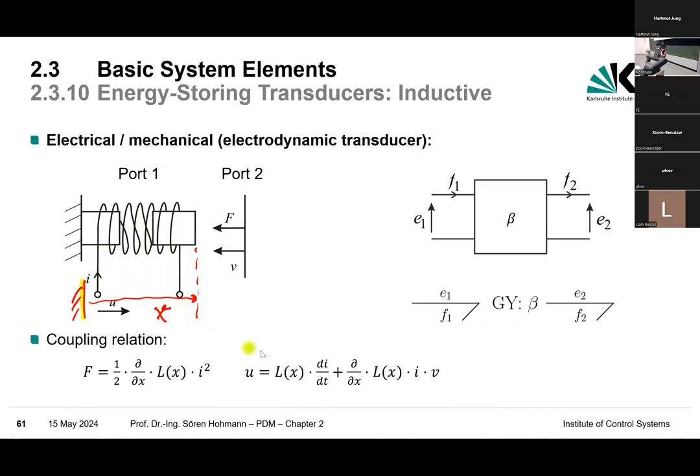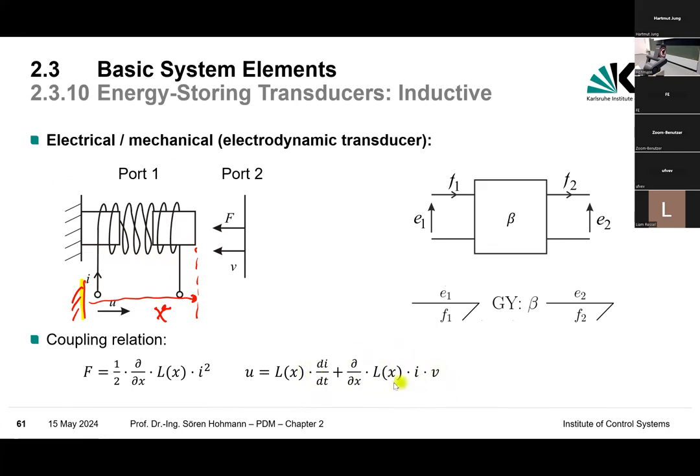Now let's look at the voltage side, which is also interesting. The voltage is induced when you move magnetic material into the coil. It's the very law of inductance. And this depends obviously on the self-inductance, what you know. So the voltage induced is equal to L times the rate of change of the current, but also on the self-inductance principle.